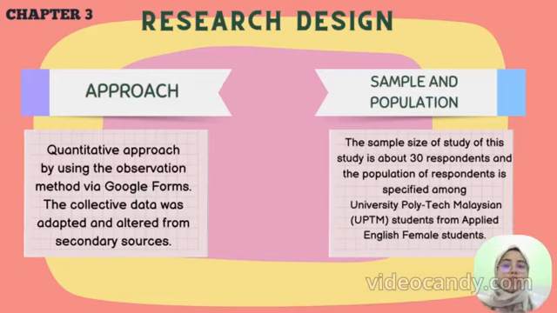So we move to the first one, which is approach. In research approach, the approach we use for this study is the quantitative approach, using the observation method via Google Form, so the collected data was adapted and altered from secondary sources. And for sample population, for this study, we estimated about 30 respondents from the population of University Polytechnic Malaysia, which is UPTM students from Applied English, female students only.